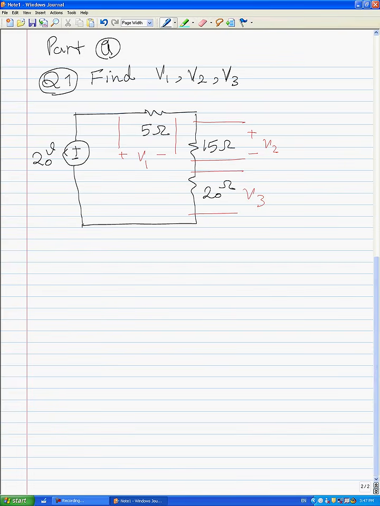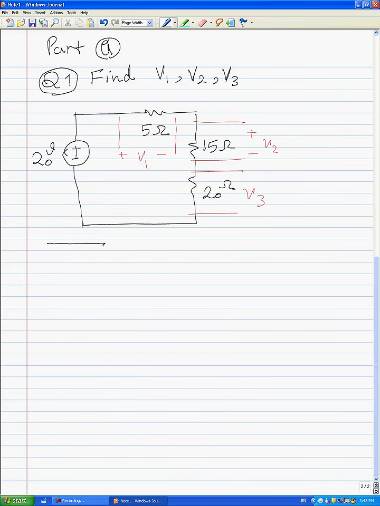We have two alternatives to solve this question. Alternative 1 is to use Ohm's law, and alternative 2 is to use the divided voltage rule. Let me explain the divided voltage rule, and after that we can use it for solving this question.